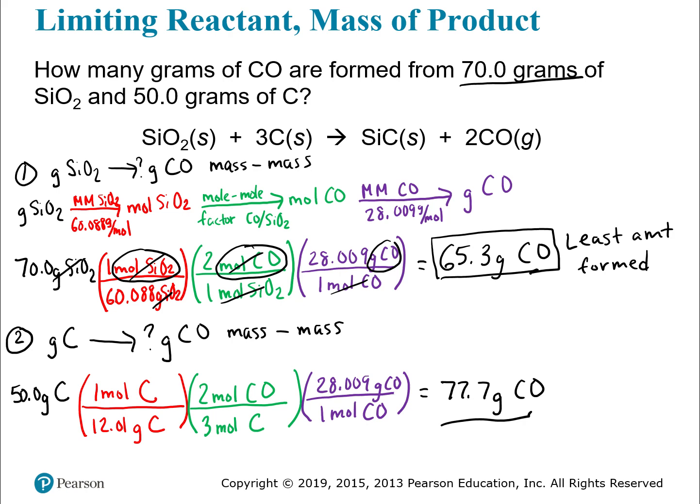So we're going to make 65.3 grams of carbon monoxide. That would make the silicon dioxide limiting. Are there any questions on that? I have a problem for you to try. So let me know if you are ready to just try the problem on your own.